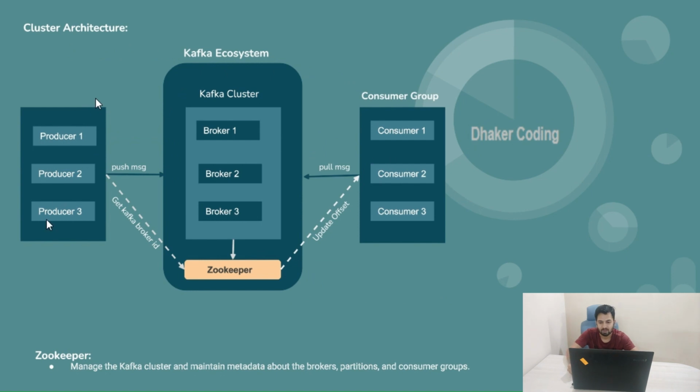So there would be multiple producers which will produce or publish the data into the Kafka topics. Whenever they publish the data, they push it into the Kafka topics, and this Kafka topic goes through broker one, broker two, and broker three.